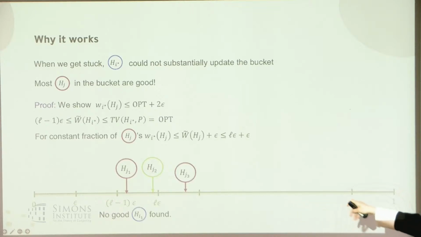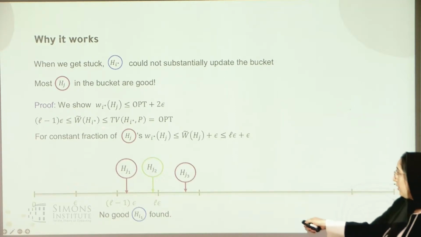So now that I'm in, let's say, the L-th bucket, everything before this must be empty, which implies that the best hypothesis, H_i star, is also not in there, and it has to be somewhere in here. So I have a lower bound for the current score of the best hypothesis. Even though I have no idea which one it is or where it is, I know its score must be high.